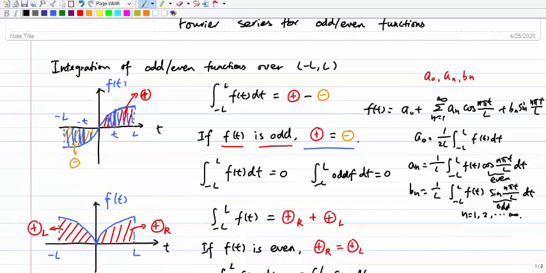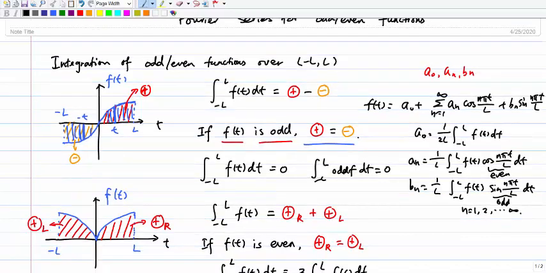Similarly for the even function, I use the same concept, the area. Let's assume that from 0 to L, my f(t) is always positive, okay? According to the definition of an even function, f(t) equals f(negative t). So if you go to the left-hand side from 0 to negative, it is also positive.